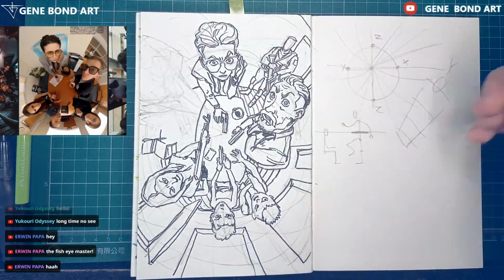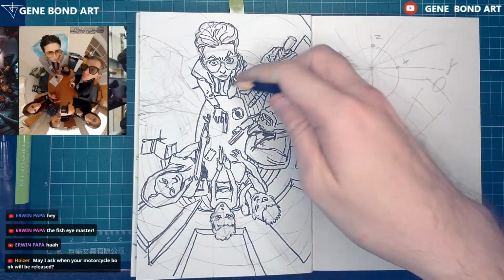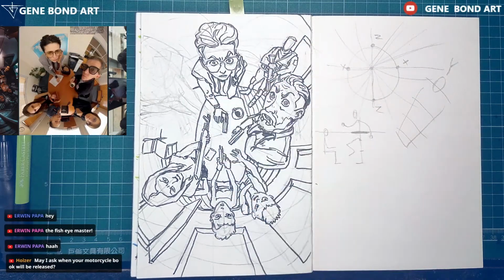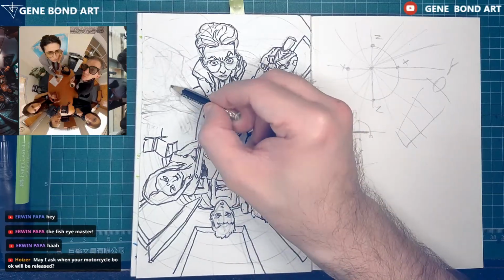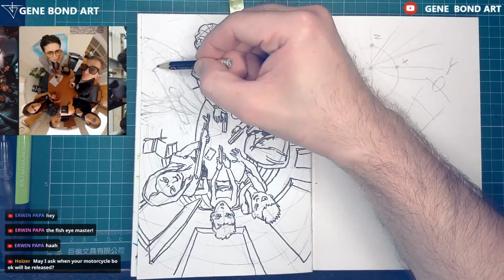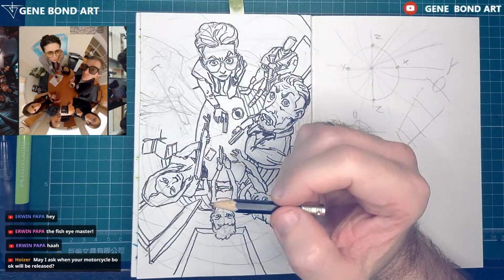So you see, because we don't have a dude in the reference, I just need to decide myself how strong the distortion will be here.